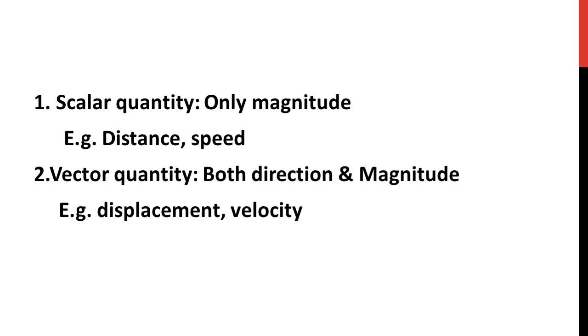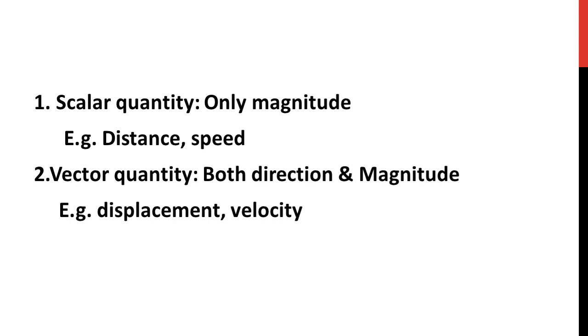In scalar quantity, we measure only the magnitude. For example, distance and time. Which means if we start walking from here to some other point, we will just measure how much distance we have traveled, but we will not measure in which direction we are traveling.